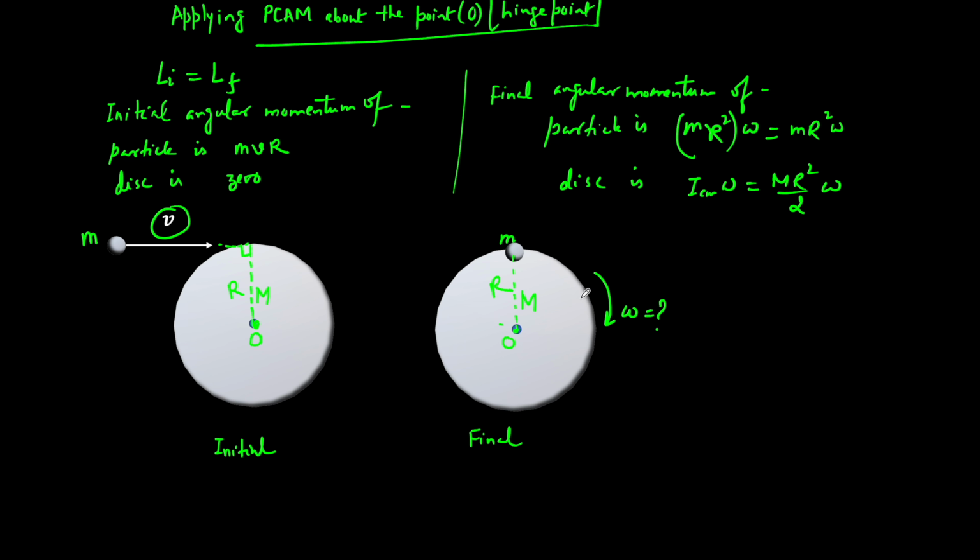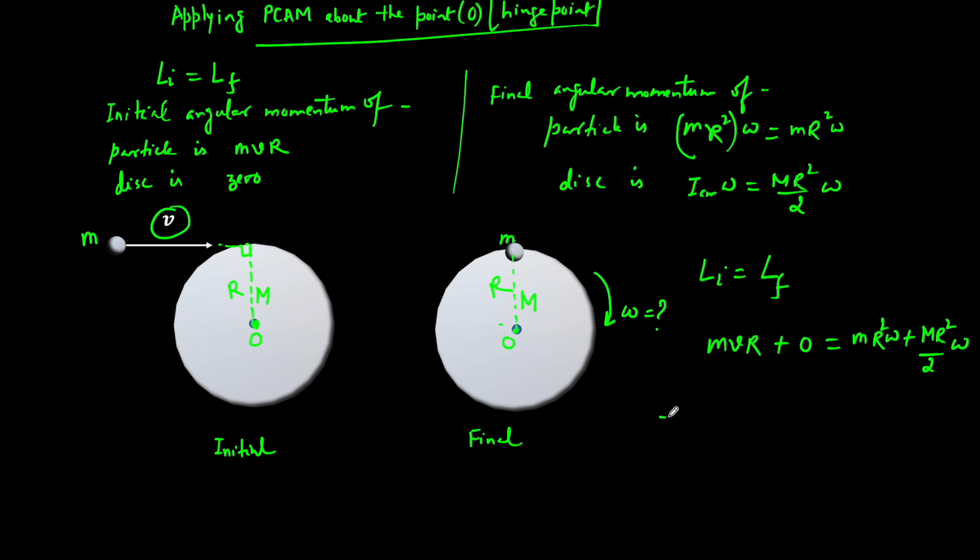Now applying the conservation of angular momentum, we can write that initial angular momentum is equal to final angular momentum. So initial angular momentum is mvr of the particle. The angular momentum of the disk is 0 initially. The final angular momentum of the particle is mr square omega. The final angular momentum of the disk is Mr square upon 2 omega.